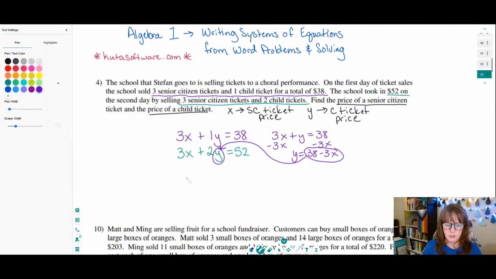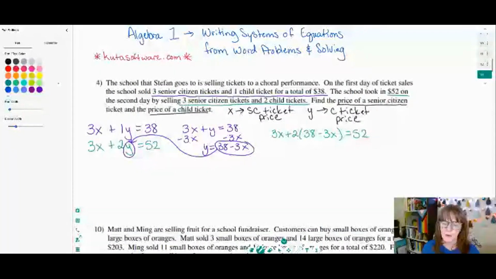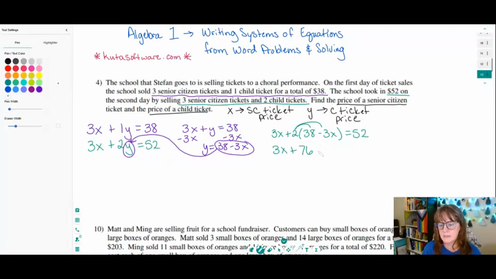So let's go ahead and do that. I'm gonna move this over, give myself more room. So we've got 3x plus 2 times 38 minus 3x, and then we're gonna distribute this 2. So 3x plus 2 times 38 is 76, minus 6x equals 52.